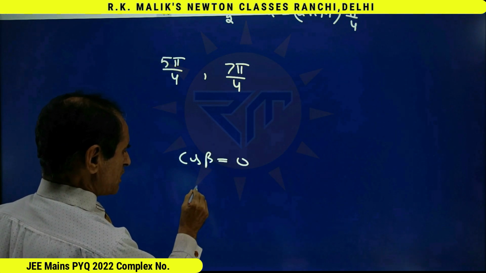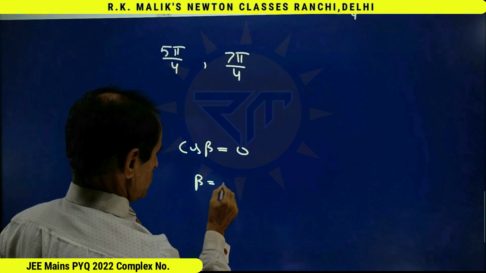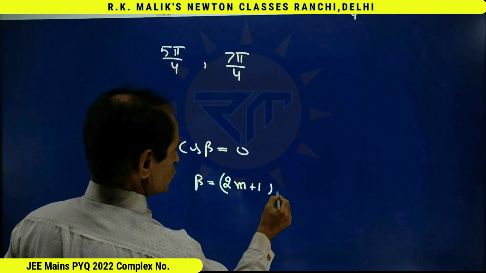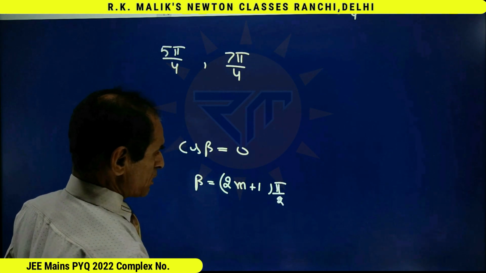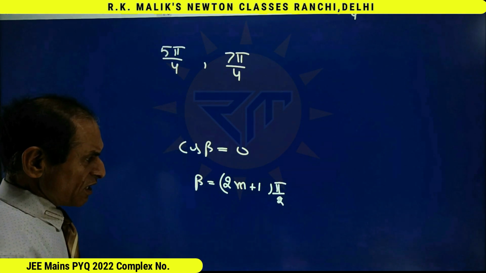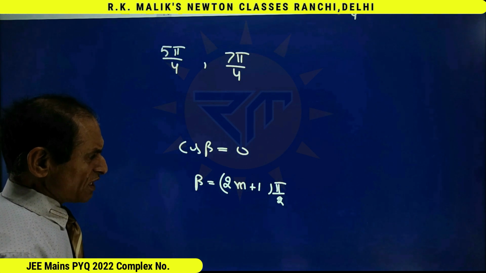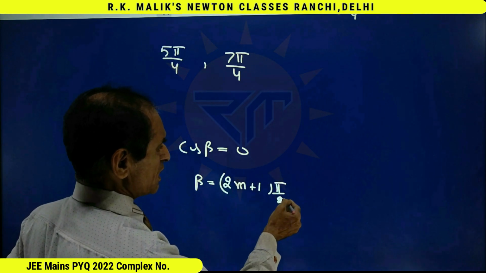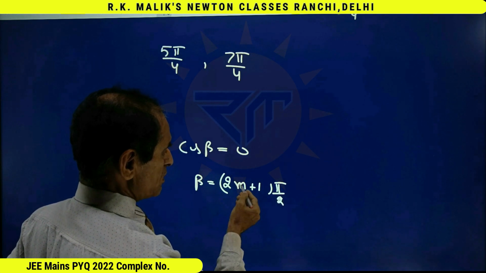Putting cos beta equal 0, I get beta equal to 2m plus 1 into pi by 2, where m is any integer, but I will be taking only that value of m so that the value of this lies in the interval pi to 2 pi.